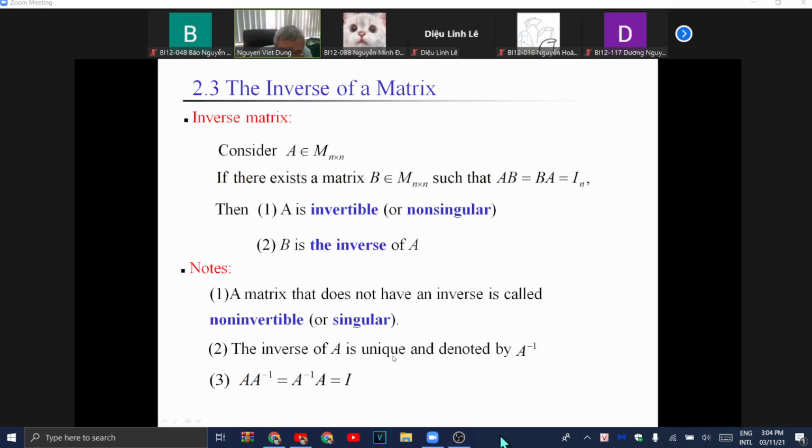It will be unique, and because of that, we always denote it by A to the power minus 1, and we call it A inverse. Then the equality becomes A multiplied by A inverse equals A inverse multiplied by A equals identity.